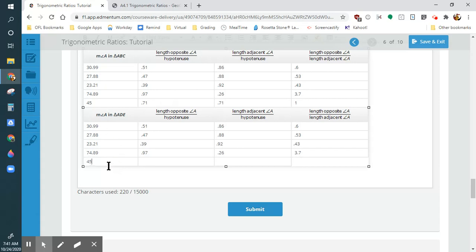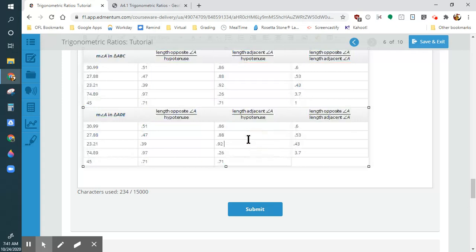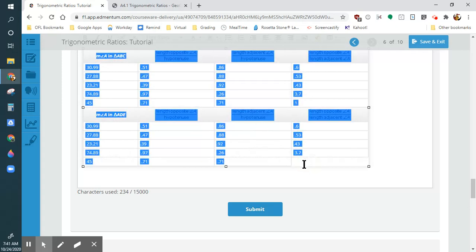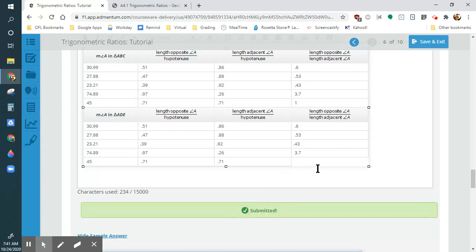I'm going to do 45.71, 0.71. I don't know what happened there. What's going on? I'm not selecting more than one thing. They did not make this an actual table, so this isn't letting me enter it in there. Oh well, let me submit it.